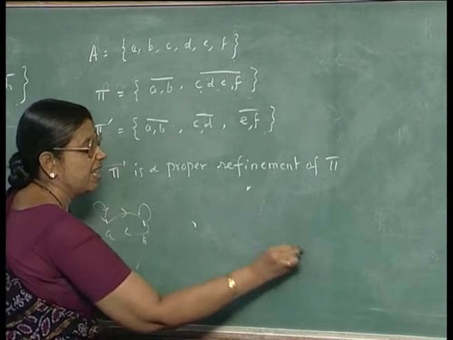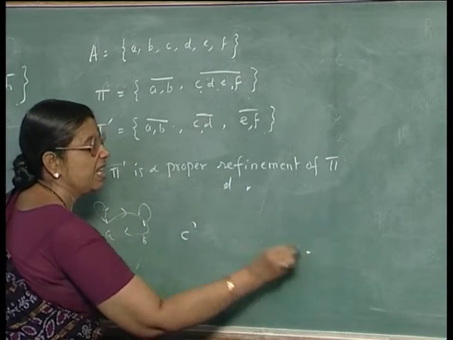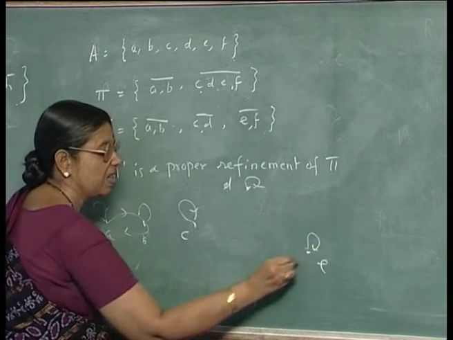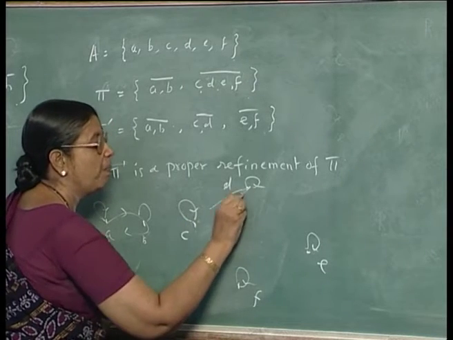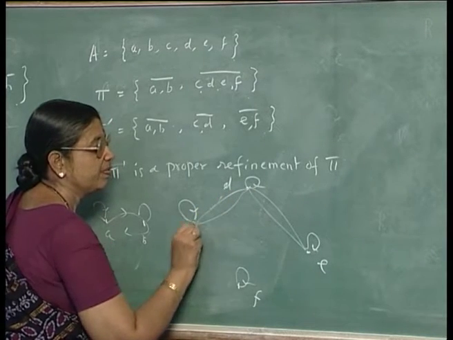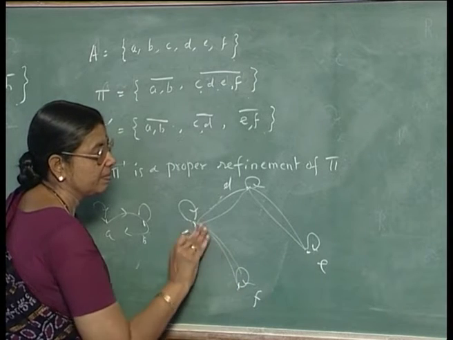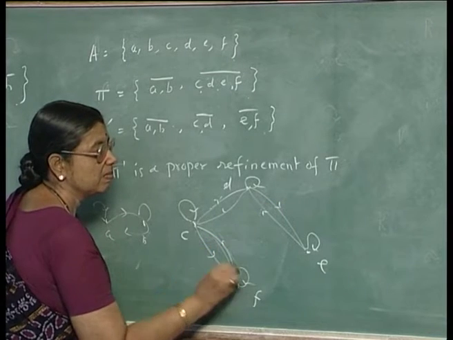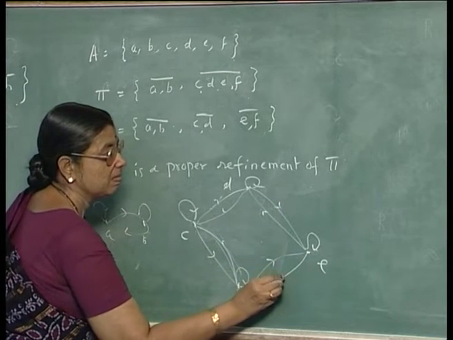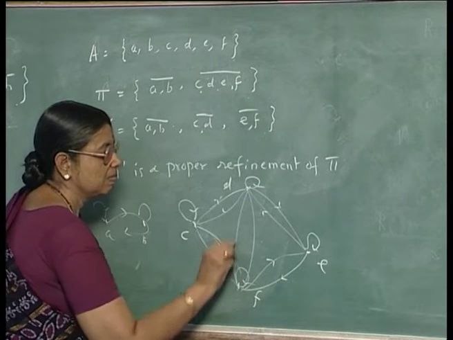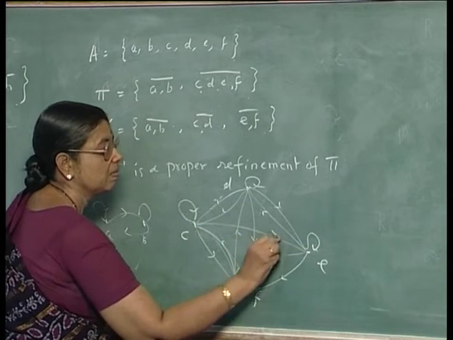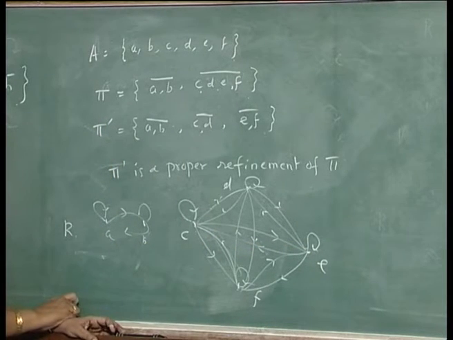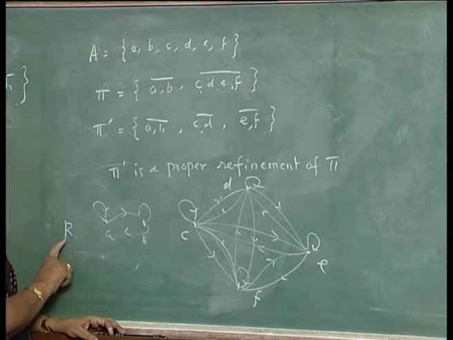I will draw this, C, D, E, F. And all pairs of arcs are present. This is the equivalence relation represented by a digraph R, which is induced by pi.